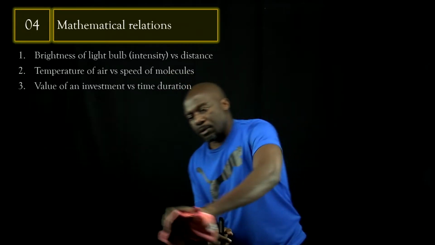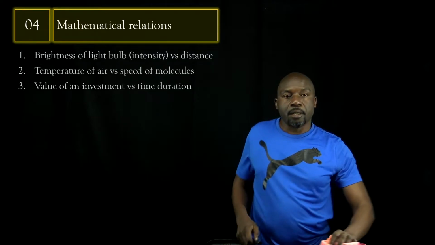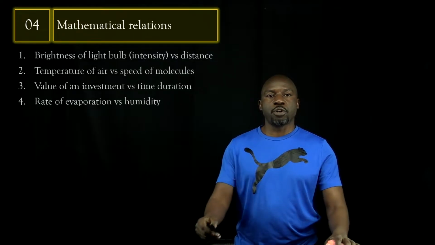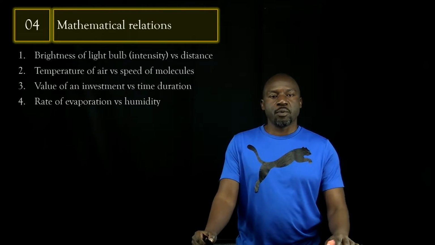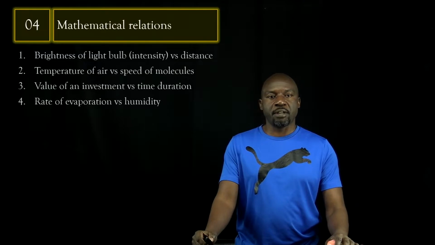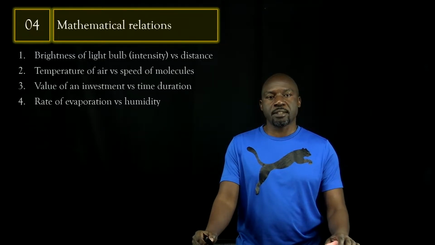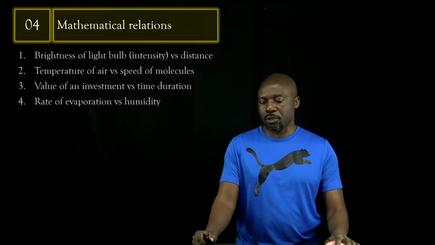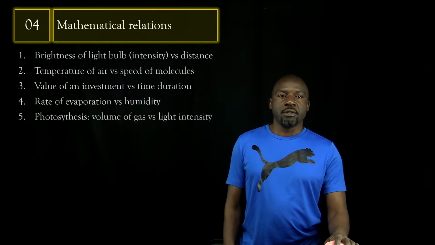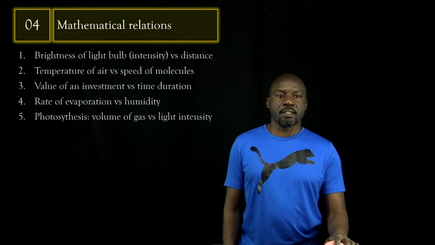Right? So another potential relation is the rate of evaporation versus humidity. In a place where the humidity is high, you can sweat, but you still feel very uncomfortable because the sweat does not cool you as it should. Next is photosynthesis, the volume of a gas versus light intensity.